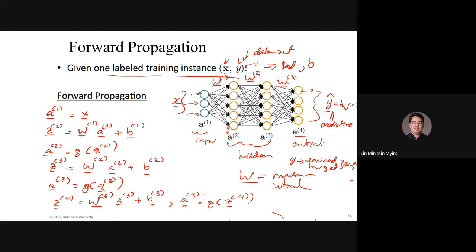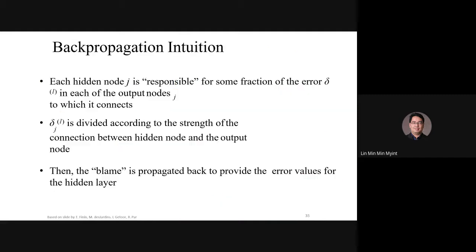This one we call h W of X, based on the current weight and input X. After we get this output, we can find the error, or calculate the cost function, to do the network propagation.